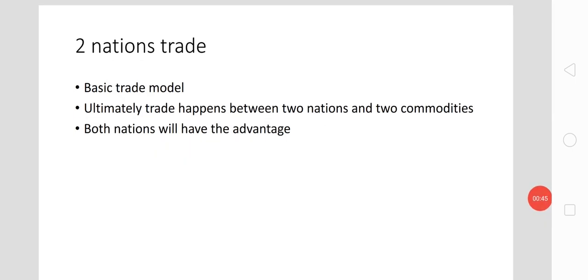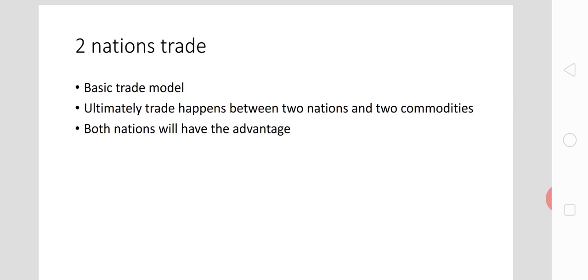Trade theories are basically a two nations, two commodity trade, basic trade model. As ultimately the trade happens between two nations and two commodities. We discuss India-China trade relations mostly these days. India exports some commodities to China on which India has the comparative advantage.